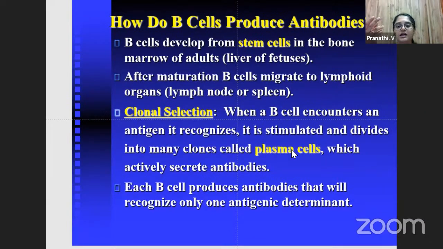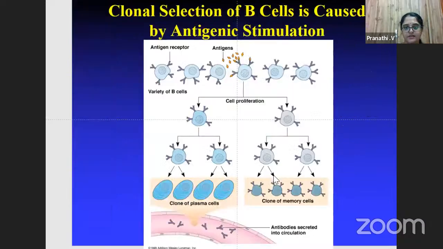Then they get activated. Each B cell that is present inside the body is going to produce antibodies. When you see the clonal selection, this is the antigen, and the antigen receptor is going to be over here. These are the antigens that are present.